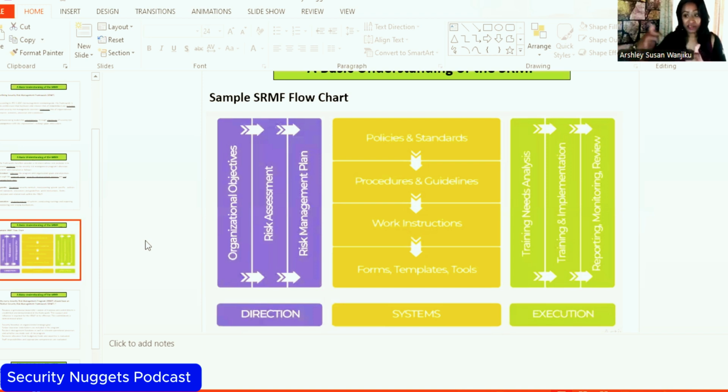Because if that process, activity, or project is interfered with and operational continuity is discontinued for one reason or another because of a security threat, then it has an implication toward the organization's goal.